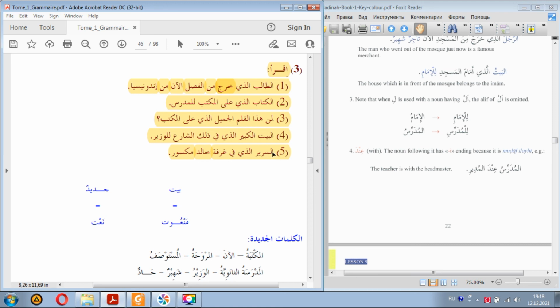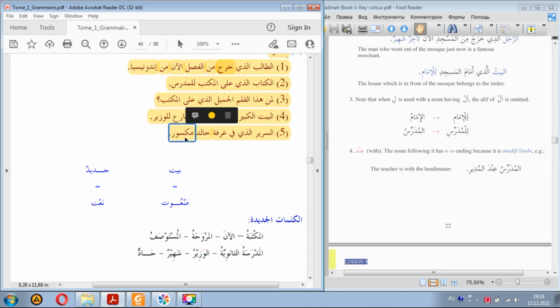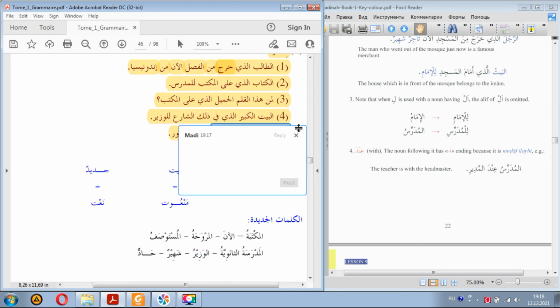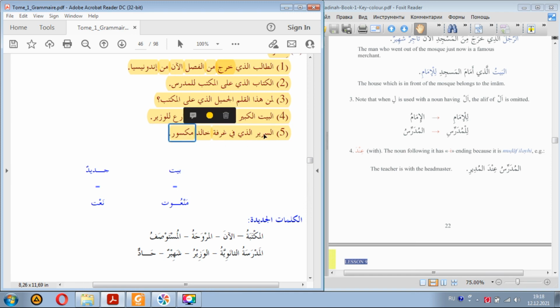So it's translated as the bed which is in the room of Khalid is broken. Not Khalid broken, not غرفة broken, but as-sarir. As-sarir, it's broken.